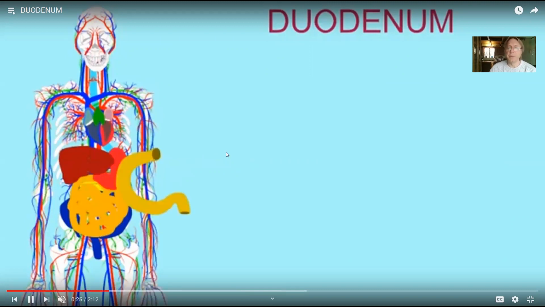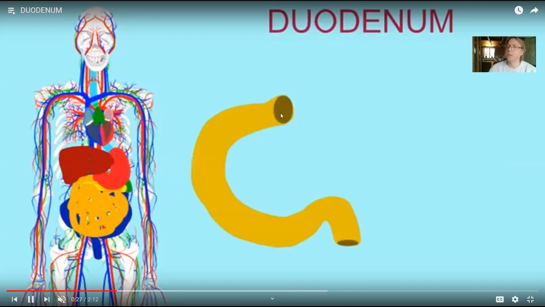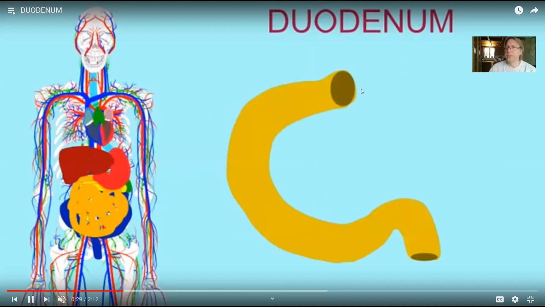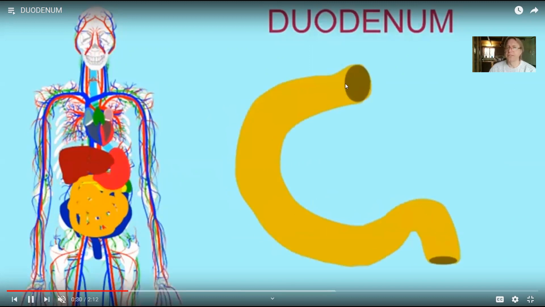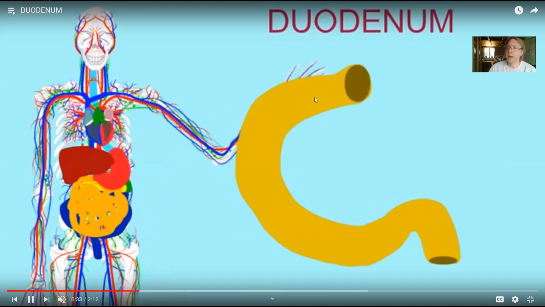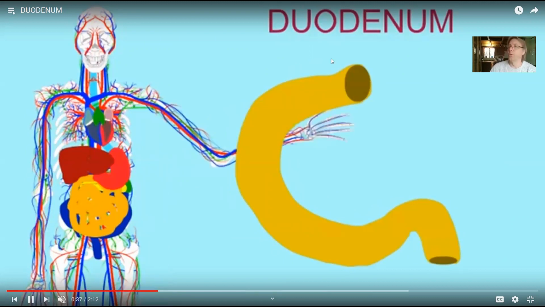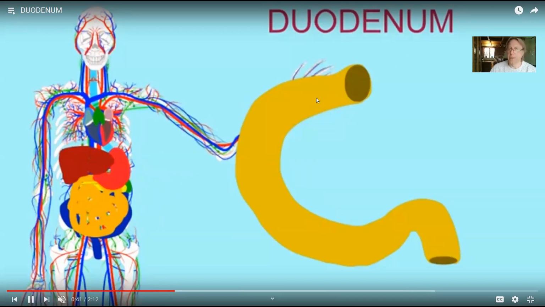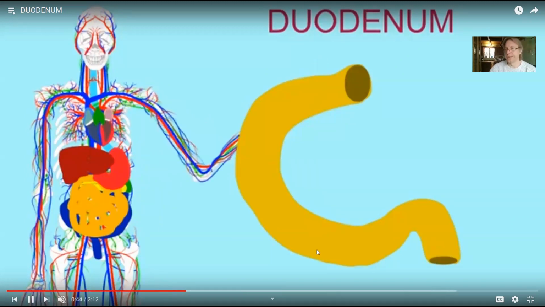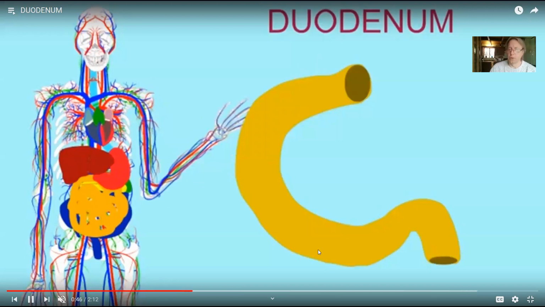Not only does the stomach empty here, the pyloric sphincter opens, marking the entrance to the small intestine. But this is also where the hepatopancreatic ampulla empties both the pancreatic secretions and the bile from the liver and gallbladder.